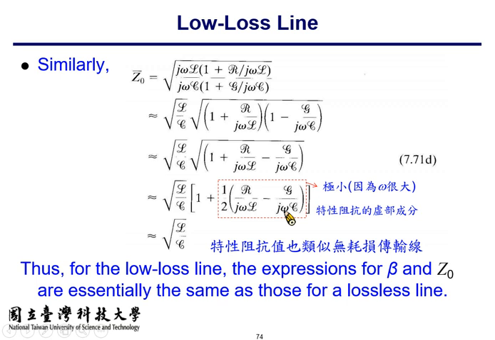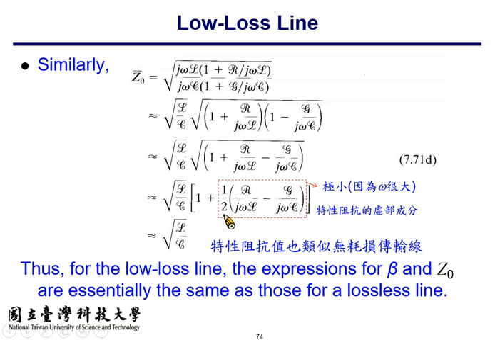So the approximate value for the characteristic impedance of a low loss transmission line is still the square root of L over C, which is the same as the lossless transmission line. Well, then this shall make our life easier. So you don't have to deal with a very small imaginary number due to the presence of attenuation.